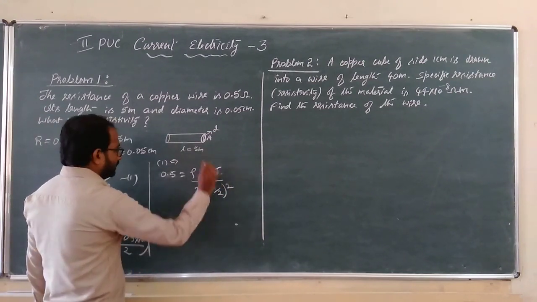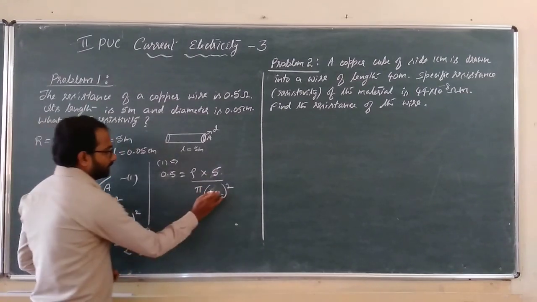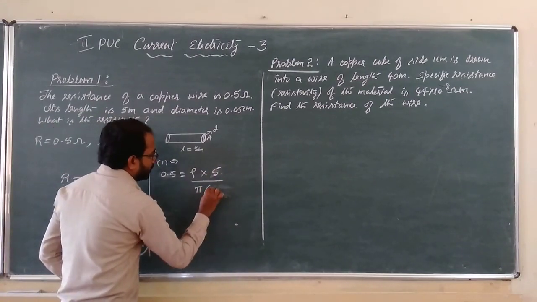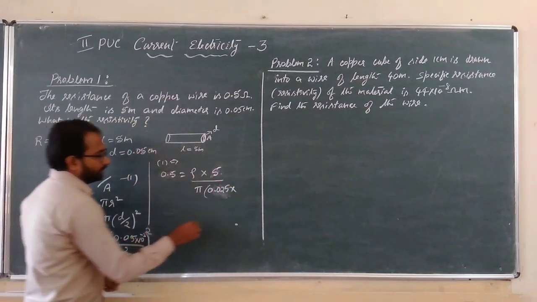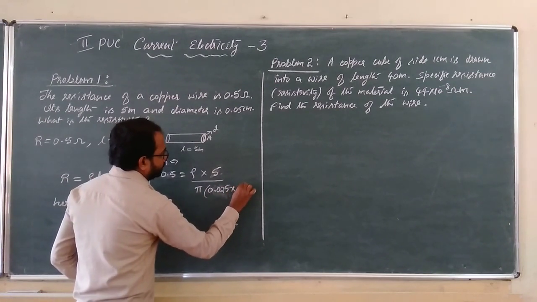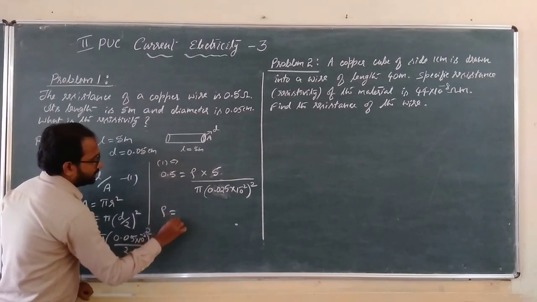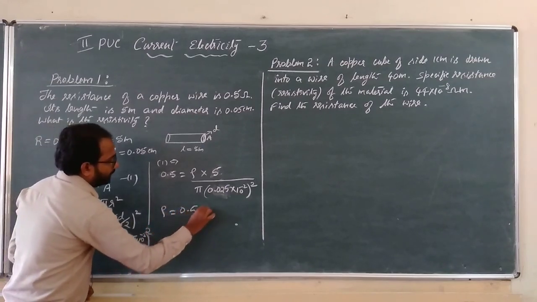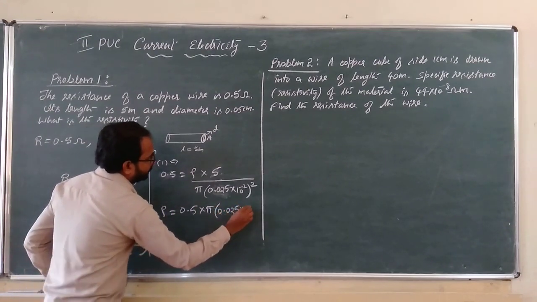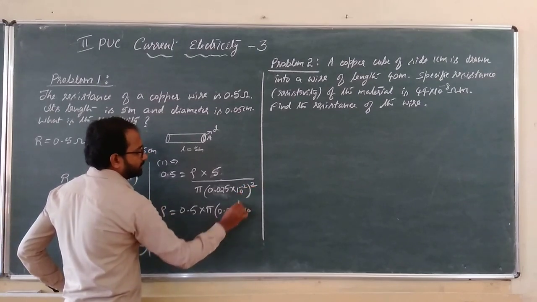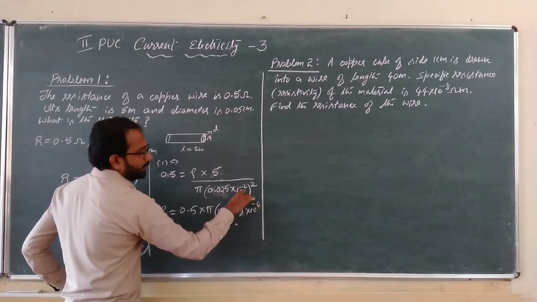So 0.05 by 2 is equal to 0.025 into 10 to the power of minus 2, square, right? So rho is equal to therefore 0.5 into pi, 0.025 into 10 to the power of minus 2 square. So this is equal to 0.025 square into 10 to the power of minus 4.